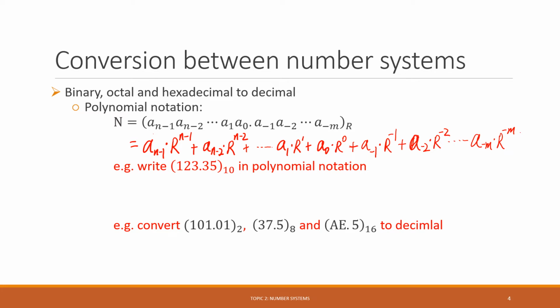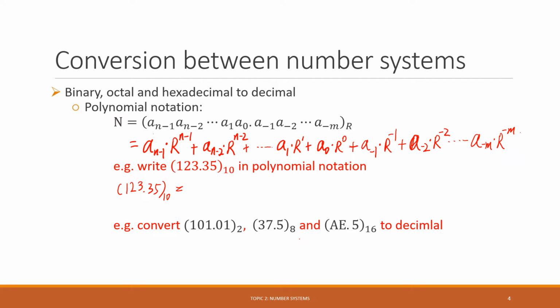First, let's try to write a decimal number in polynomial notation. So that's 123.35 in decimal. We write the radix here, so we know what number system it is.